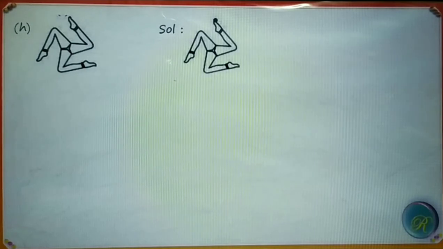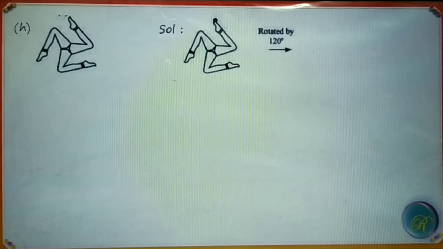Figure H. Solution. Consider the original figure. What about the angle of rotation? Obviously 120 degrees. When we rotate this figure about 120 degrees in a clockwise direction, the next figure will be like this.